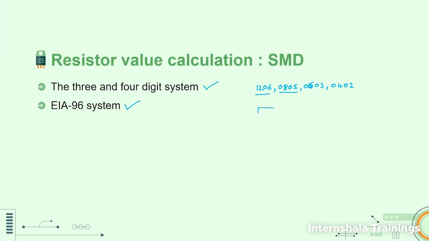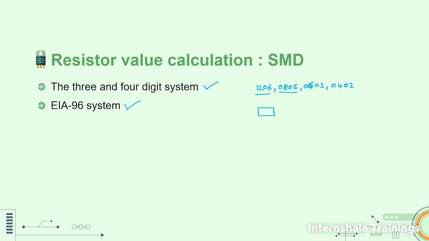On top of that SMD resistor there will be a 4-digit or 3-digit code, and based on the code present on the SMD resistor, we decide what the value for that particular resistor is. This 3-digit and 4-digit code will be there on 0805 resistors, 1206 resistors, or resistors greater than 0805.